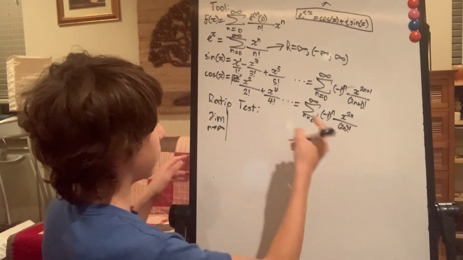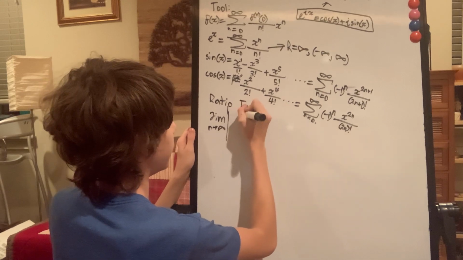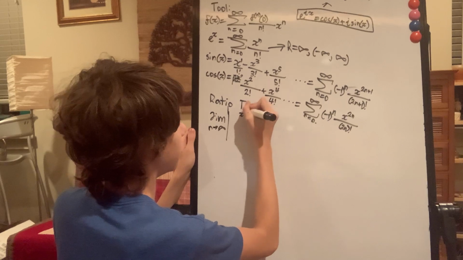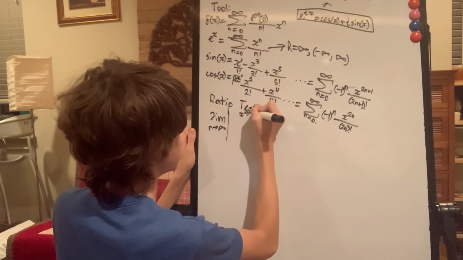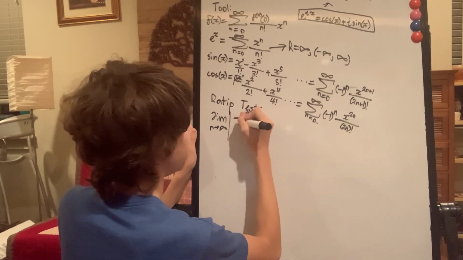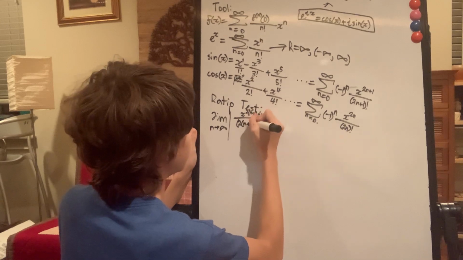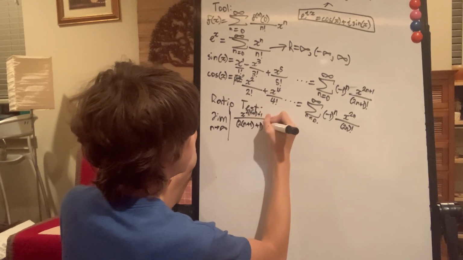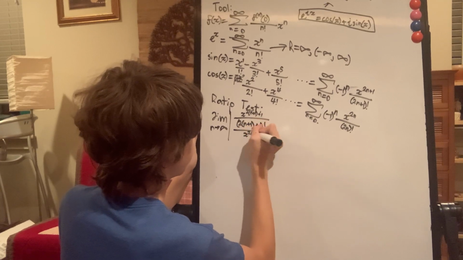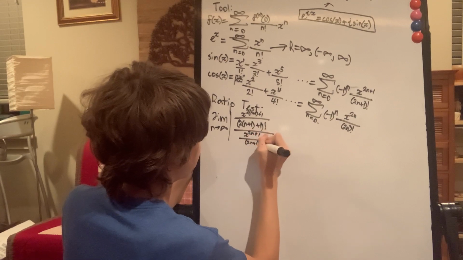So we have x to the 2 times n plus 1, over 2 times n plus 1 factorial, over x to the 2n plus 1 over 2n plus 1 factorial.